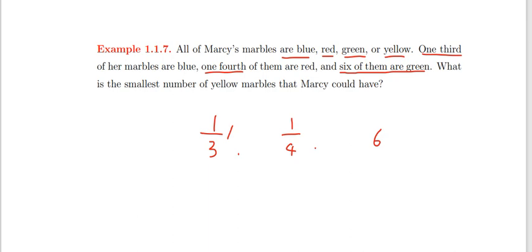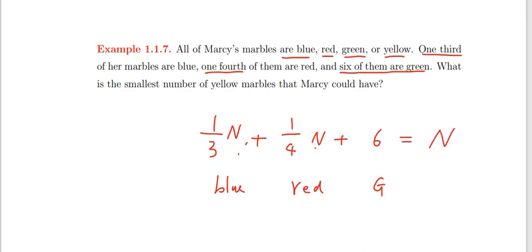Suppose the total number is n. 1/3 of the total number is blue, 1/4 are red, and green we already know is 6. So how can I find this n? The total n equals 6 plus these.